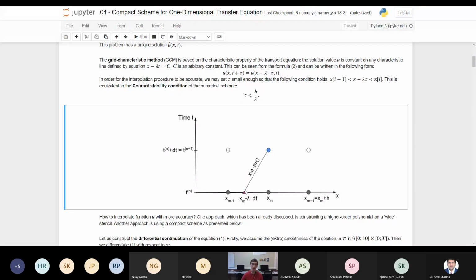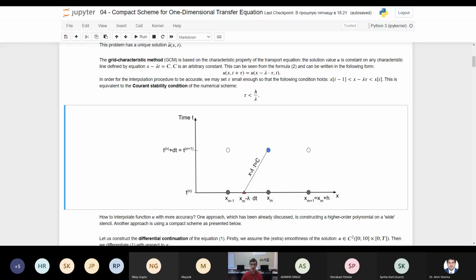So this straight line between these 2 points is the characteristic curve. And we know that the function value here equals the function value here. So we simplify our problem from finding somehow the unknown value at the next time step to finding the value at the known time step, which can be done by interpolation.